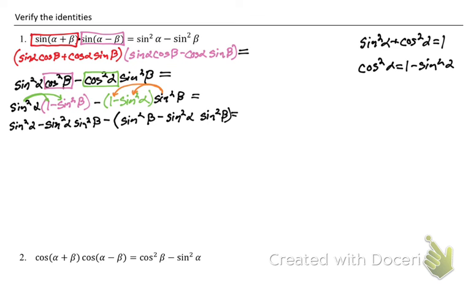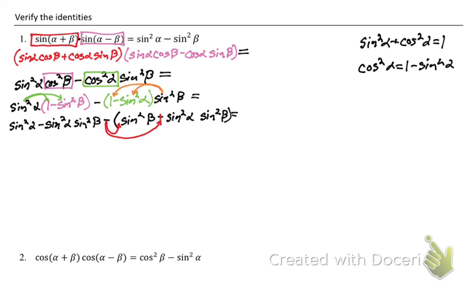Now I need to distribute that negative sign. That negative sign has to go to everything. So I have a negative sine squared, and a plus sine squared sine squared. Don't we have a negative sine squared alpha sine squared beta, and a positive sine squared alpha sine squared beta?